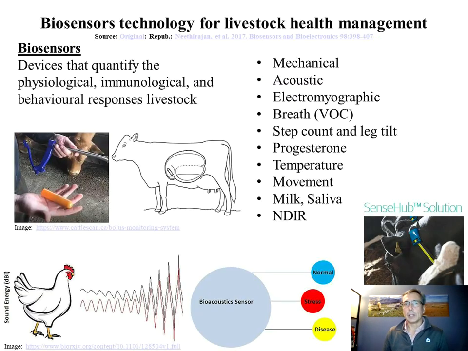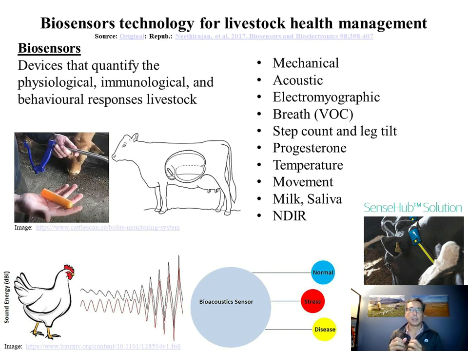In terms of livestock, there's also lots of different sensors that are being used for livestock, including mechanical sensors that might be detecting the movement of animals, acoustic sensors that are detecting the sound within the barn and determining if their animals are under stress or if they're coughing and have disease potential problems.